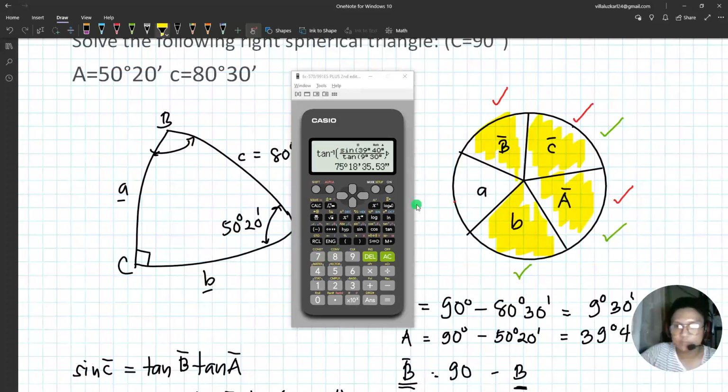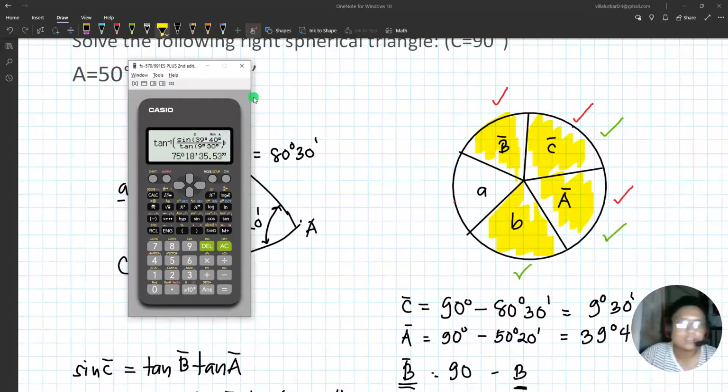Since we have already determined side B, bar A, bar C, and bar B, I can use A as the middle part, and these are the adjacent parts.